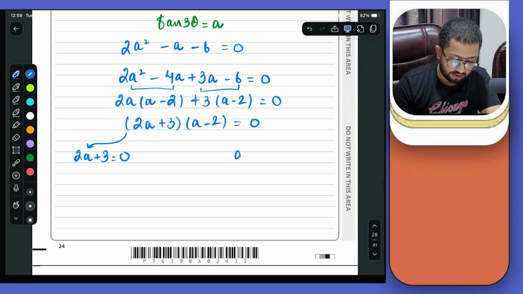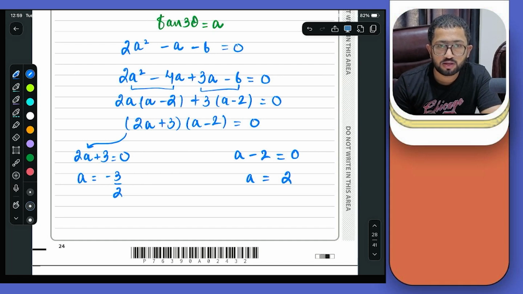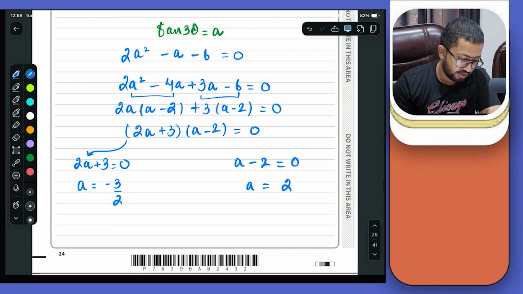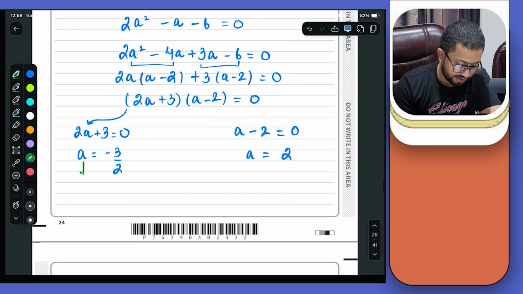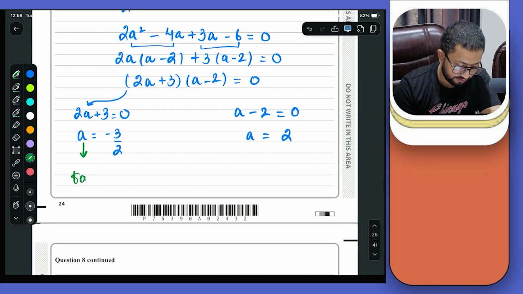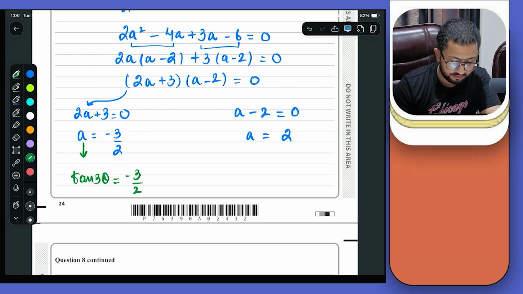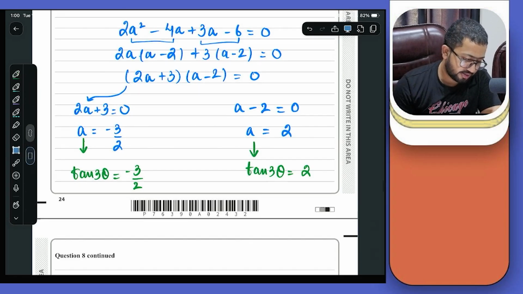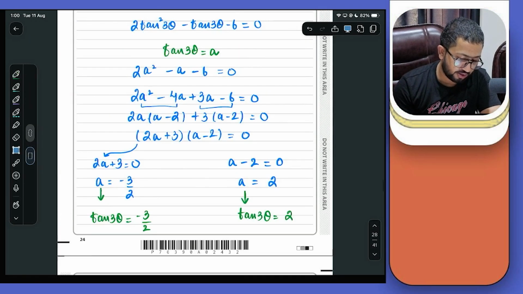All right, so there are two values of a. The first one is minus 3 by 2, and the second one is a equal to 2. That is not our final answer. I have to substitute a with tan 3 theta. All right, so now I want to solve the equations.